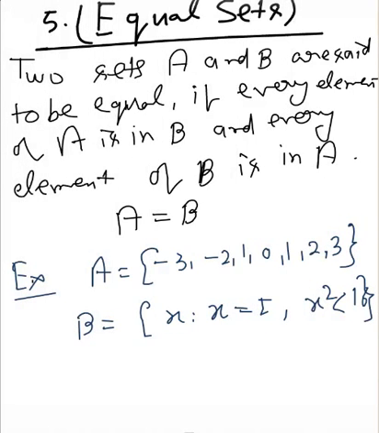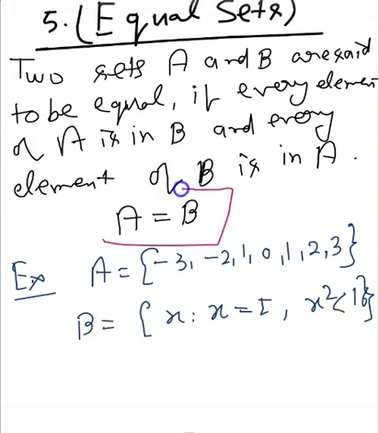Moving to the next type of set, that is the equal set. Suppose there are two sets, A and B. We'll say that both sets are equal if all the elements in set A and all the elements in set B are the same. Then you will say that both sets are equal.